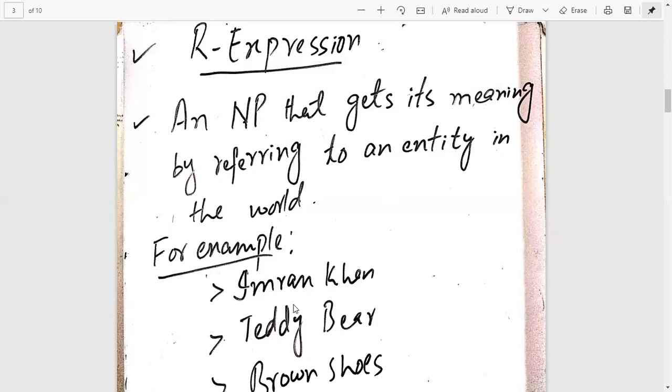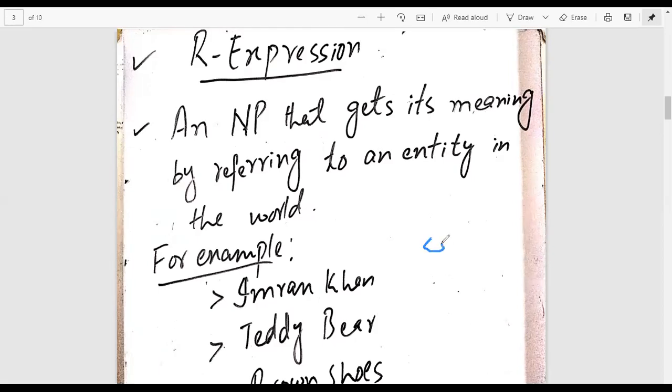For example, take Imran Khan. You will see that this NP, the words Imran Khan, suggest something like this: he could be a man, of course. So this is referring to an entity in the world.